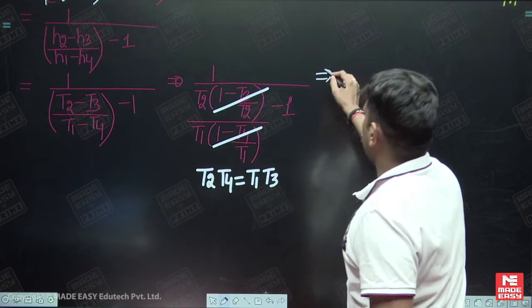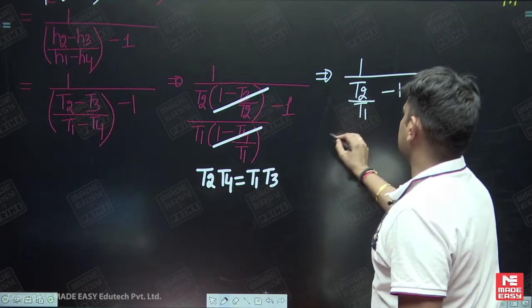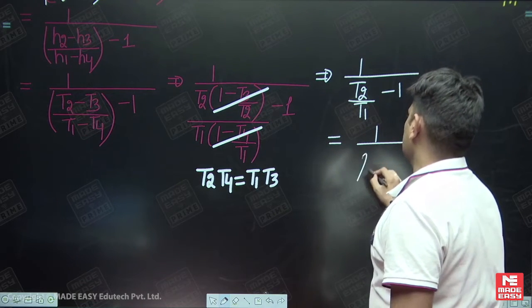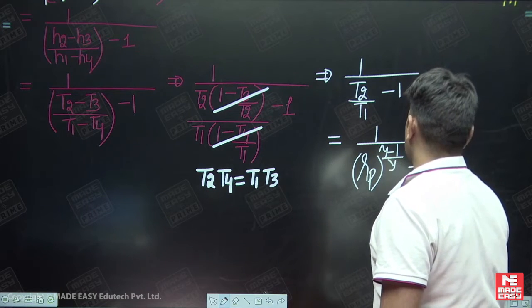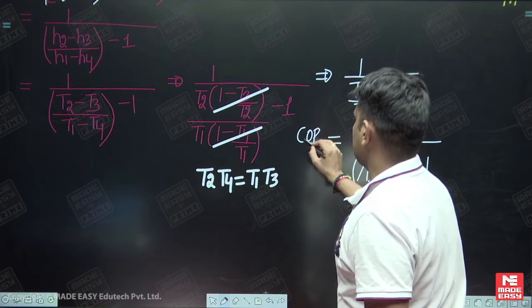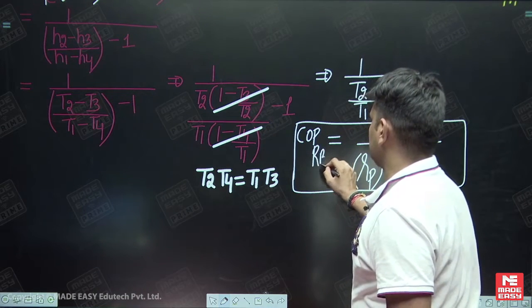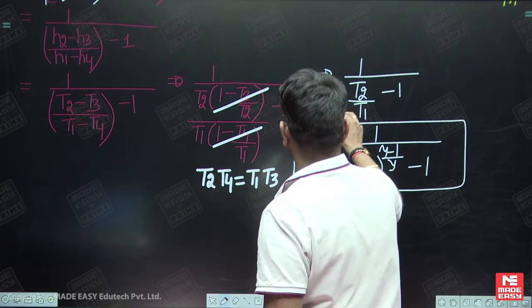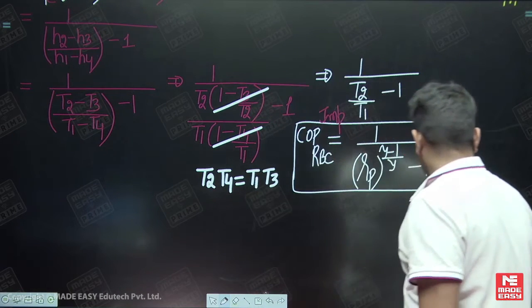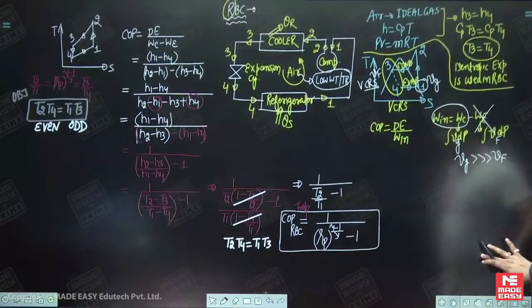So now you will get 1 upon T2 upon T1 minus 1, and T2 upon T1 is Rp, pressure ratio, raised to power gamma minus 1 upon gamma, minus 1. So this is the COP of reverse Brayton cycle. So the second formula you have to remember for your objective point of view is this, okay.